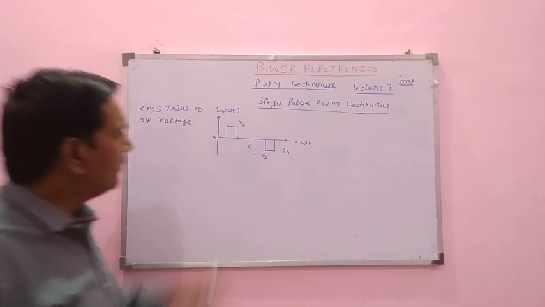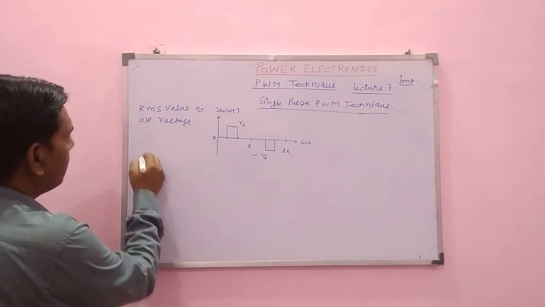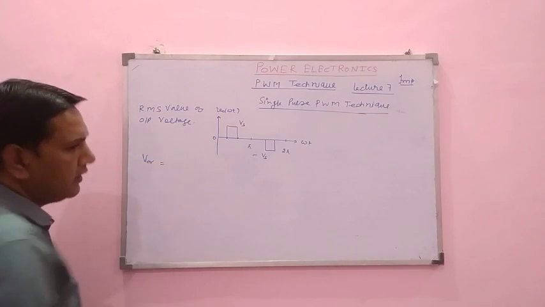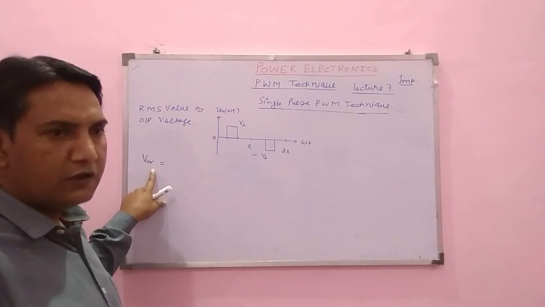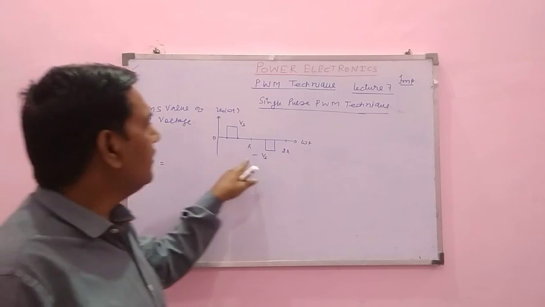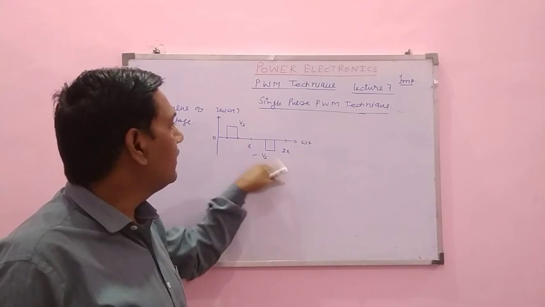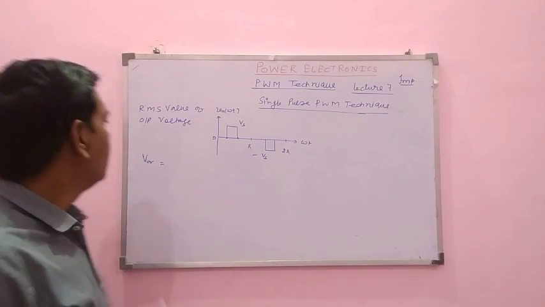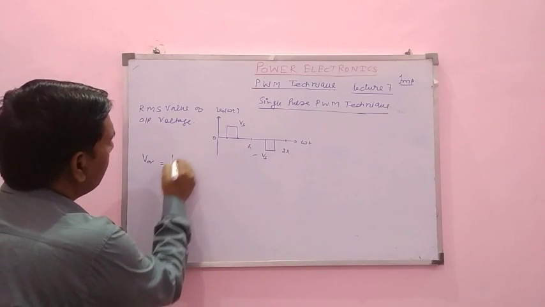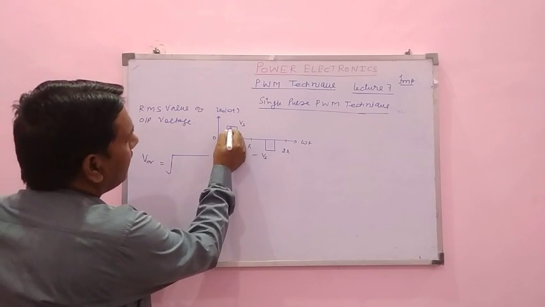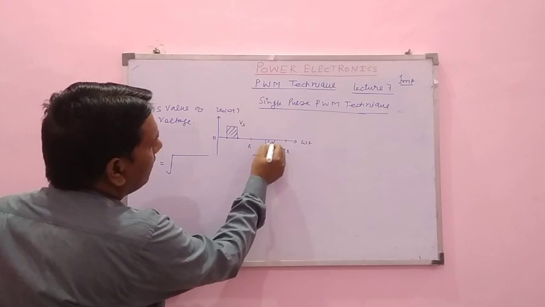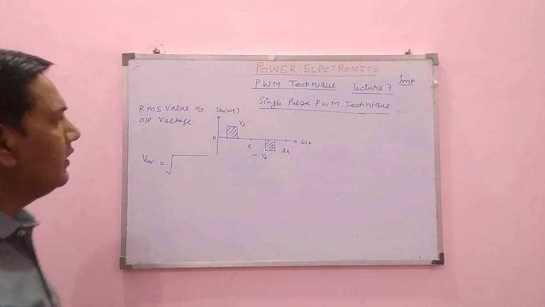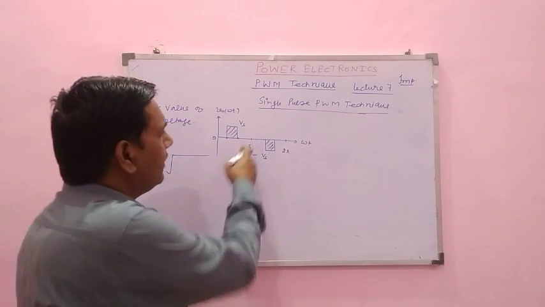V naught RMS is equal to, I have explained the method we used to determine the RMS value when the output is in the form of a rectangular or square wave. It is the square root of the area under the curve over complete cycle, or you can also calculate over half cycle.